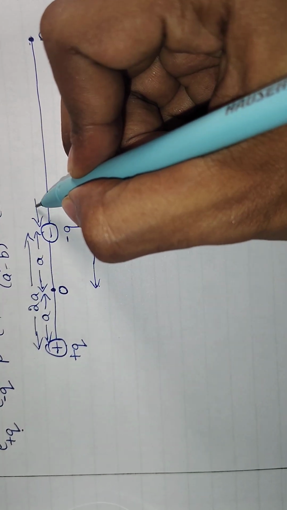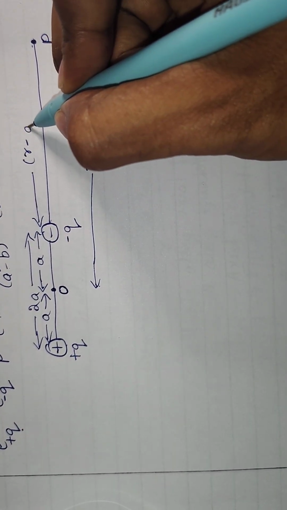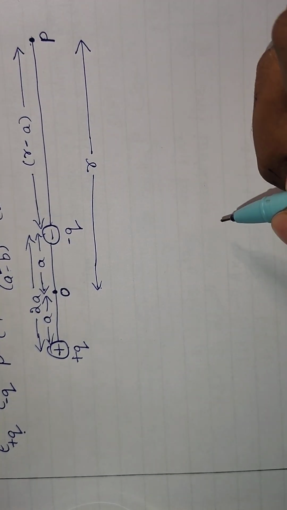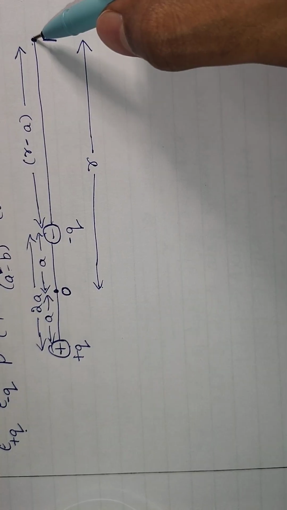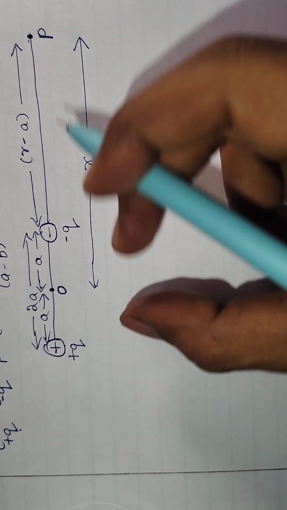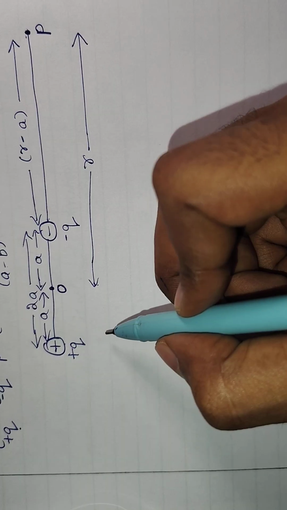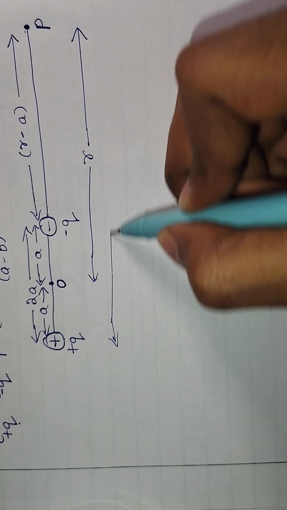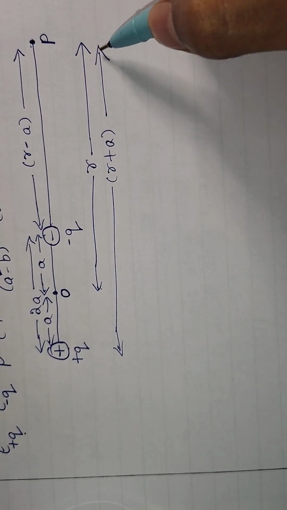So the distance of negative charge from the point P is nothing but r minus a. Similarly the distance of the positive charge from this point P is r plus this small remaining distance, and that distance is a. So this distance from the positive charge till the point P is r plus a.